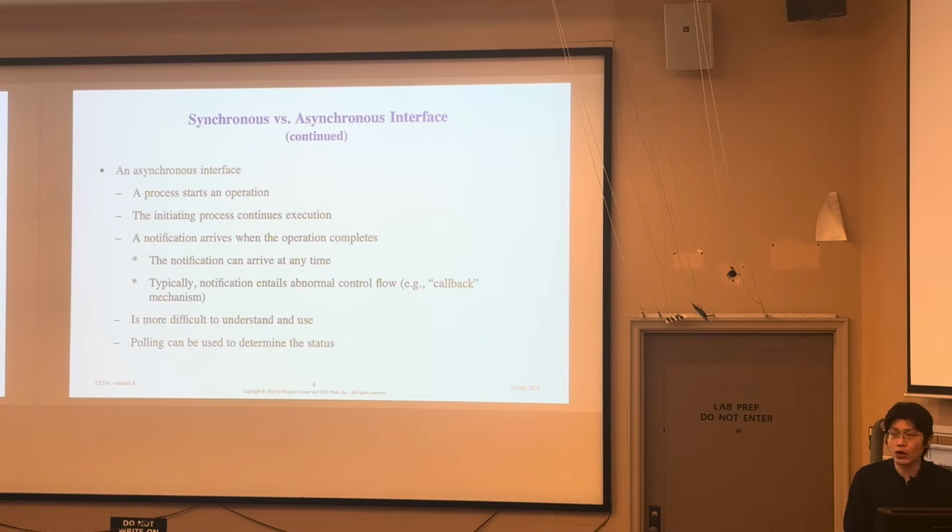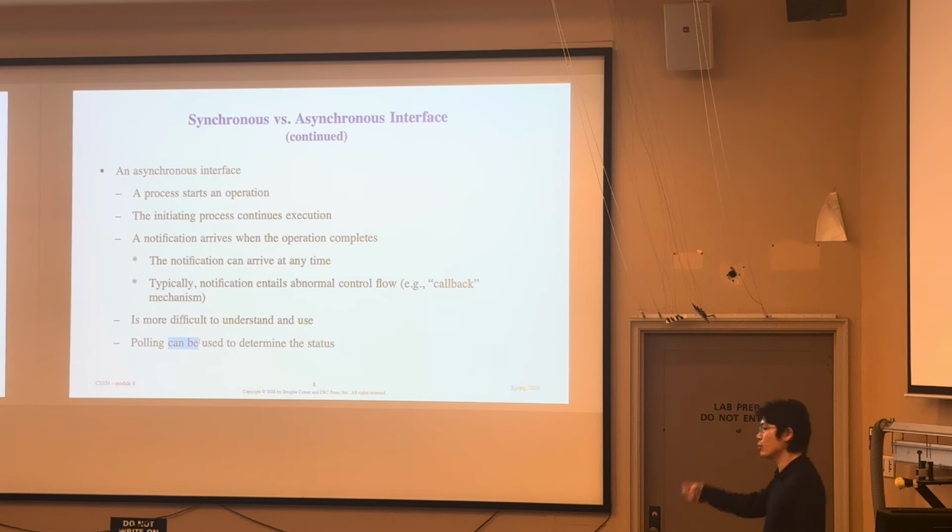So it's more difficult to understand and use, and polling can be used to determine the status. Sometimes you keep polling because you don't know when this asynchronous operation finishes, so you might want to repeatedly check whether it has finished or not, if you are really waiting for some event to happen.